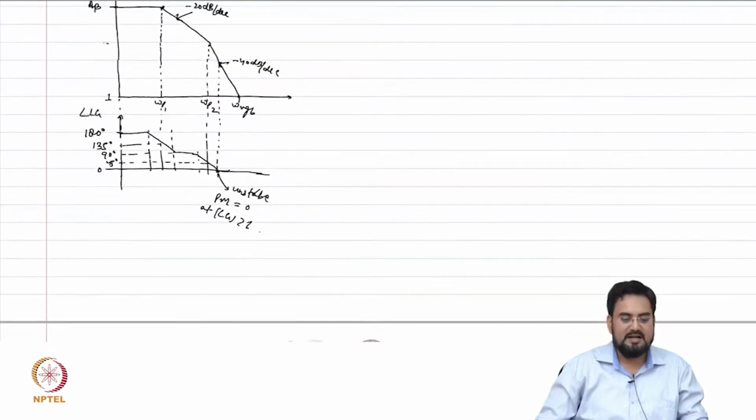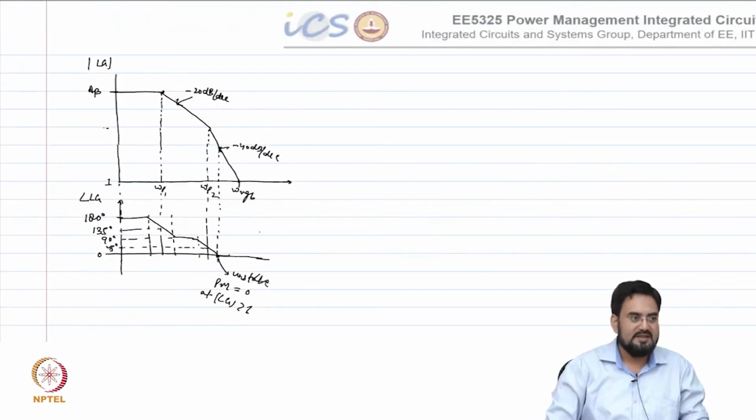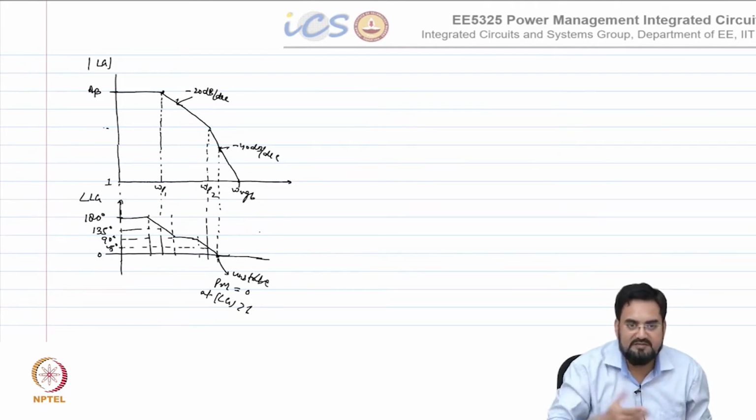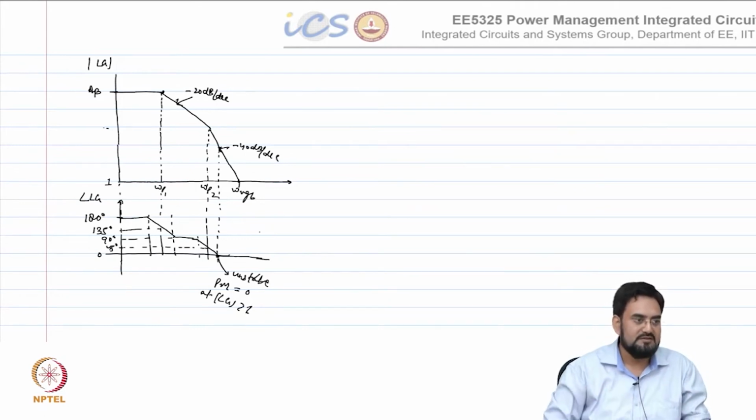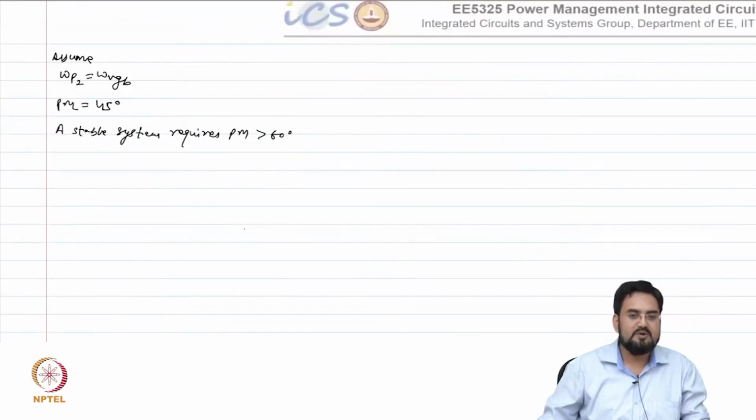Even if you place your second pole at UGB, the maximum phase margin you can get is 45 degrees, which is not good. We cannot call it a good stable system. So, your second pole should always be outside your UGB.